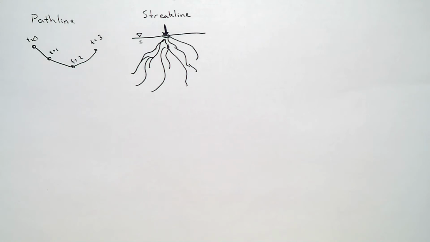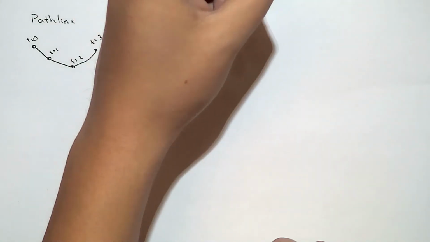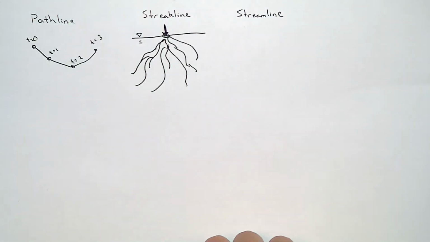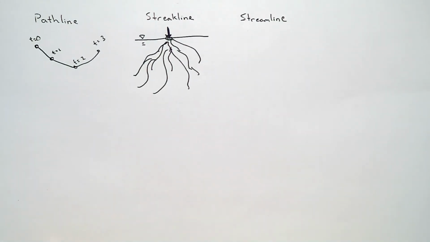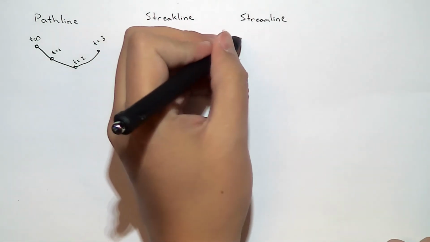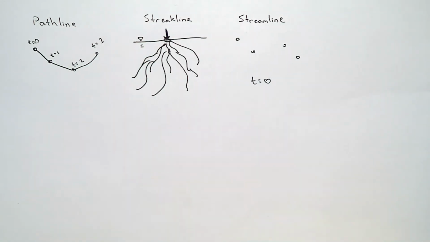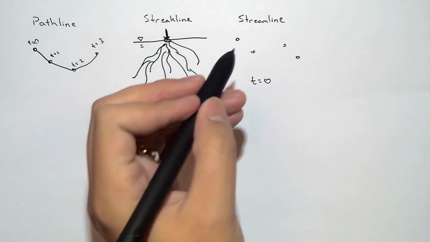And finally, a streamline. And this will be the line that we're going to study most in this class. Now, a streamline and a path line may look similar at certain times, but they're not actually the same. You see, a streamline is a line that's tangent to the velocity vector at any point passing through it. In other words, if I were to take a snapshot at time equals 0, I want to know in which direction this particle is moving.